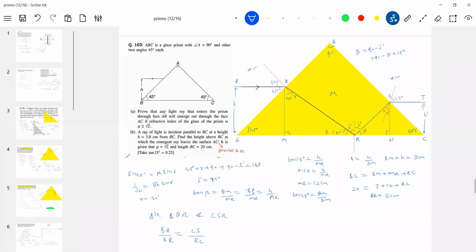Comparing those two triangles, I'll get the value of CS directly. Okay, after CS, then I can get the H dash. So therefore, this CS is equal to this, so then H dash we will get.